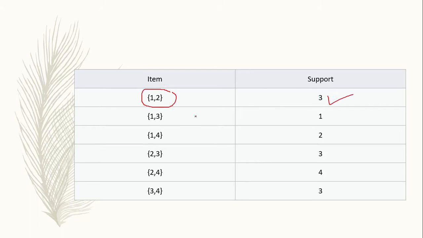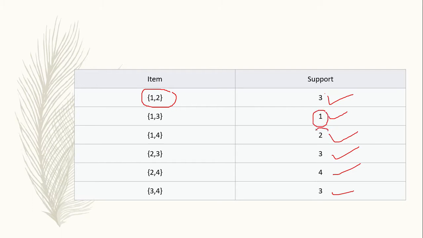1 and 3 occurs 1 time, 1 and 4 occurs 2 times, 2 and 3 occurs 3 times, 2 and 4 occurs 4 times, and 3 and 4 occurs 3 times. What does the pair indicate? It should be 3 or more than 3 so that we can consider it.